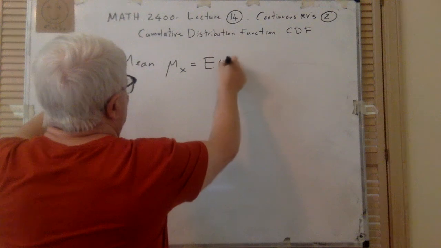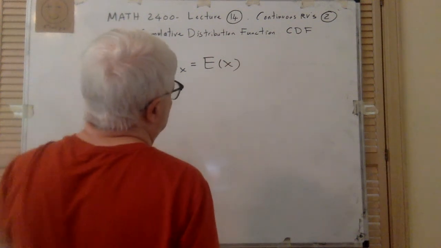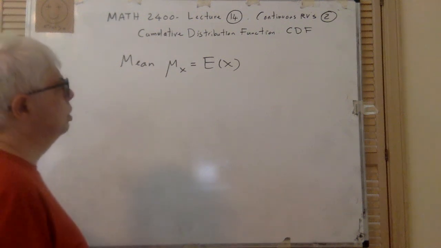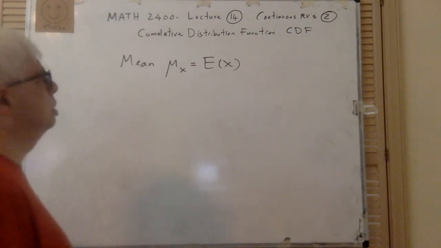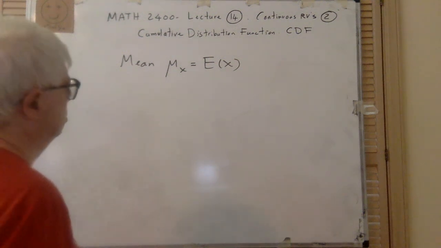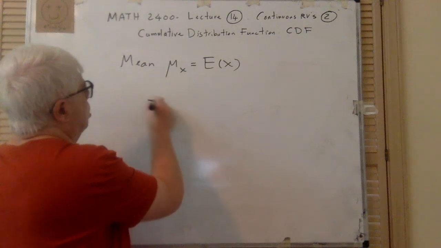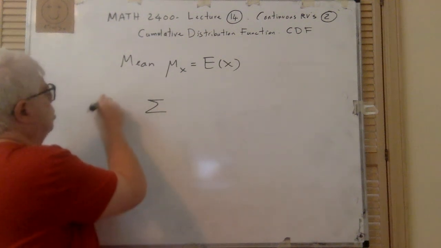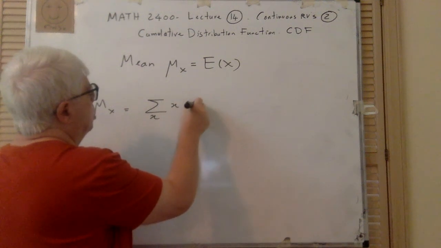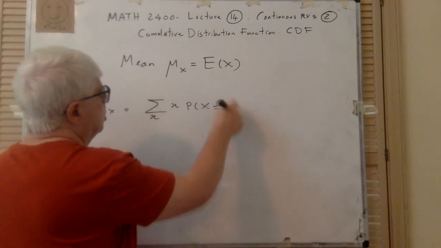Or expected value, or average, or whatever. Okay. Remember, for discrete distributions, expected value or mean was something like this: you multiplied x by the probability that X equals x.